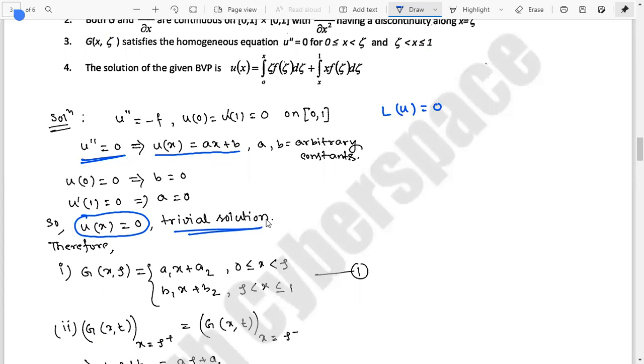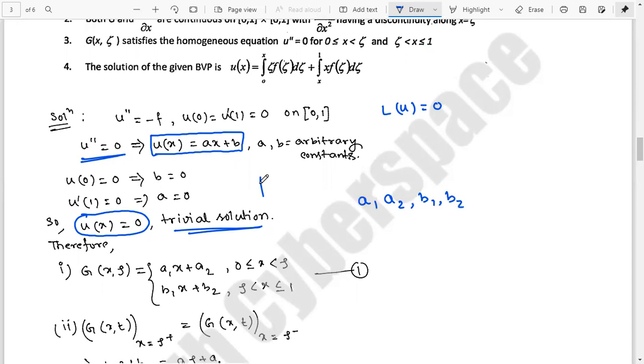Now, from this general solution, we can construct the Green's function. For that, we take four arbitrary constants a1, a2, b1, b2, and the Green's function will be of this form.